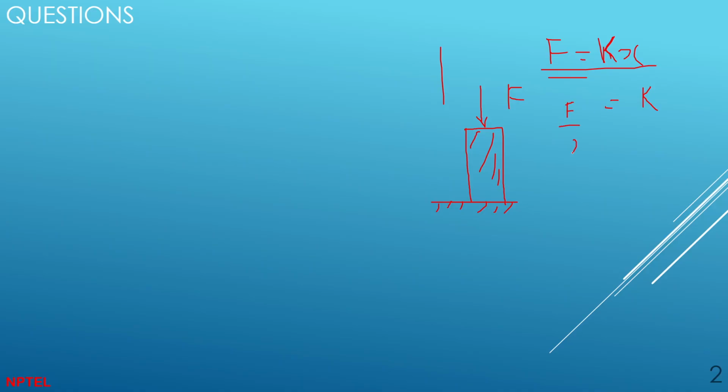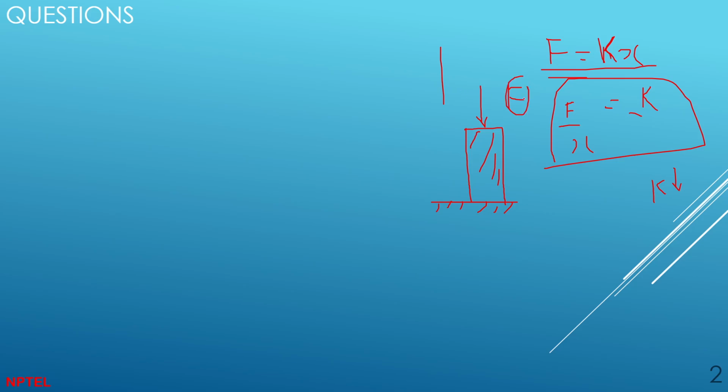So K is basically the property of that material. Let's say you are using iron. Iron has a bigger stiffness when you compare it with, let's say, wood. Wood will have low stiffness compared to iron, because stiffness is a property of the material, and it changes from material to material.